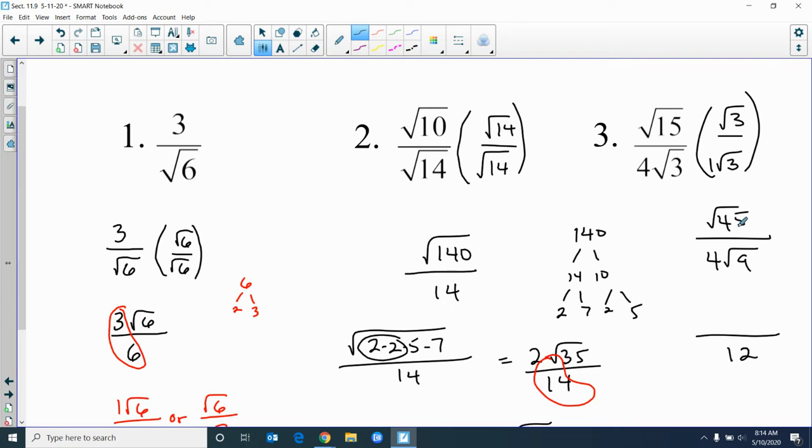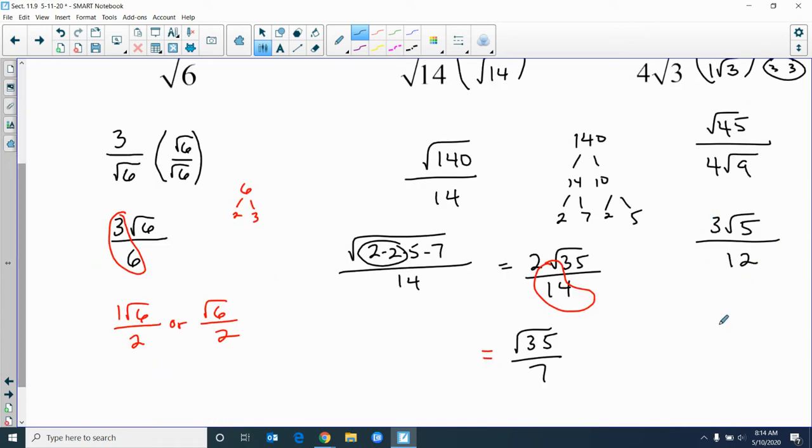The square root of 45, just to save us a little time, is 9 times 5, which is 3 times 3. I got a pair of 3s. And the 3 and the 12 reduce to 1/4. So that becomes the square root of 5 over 4. Okay, so then we're done with that.